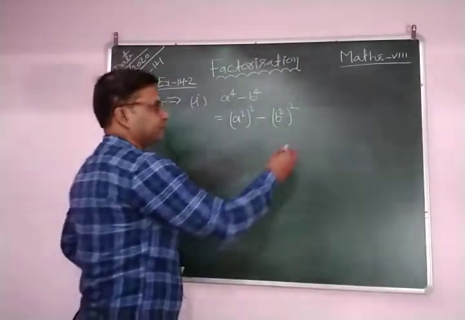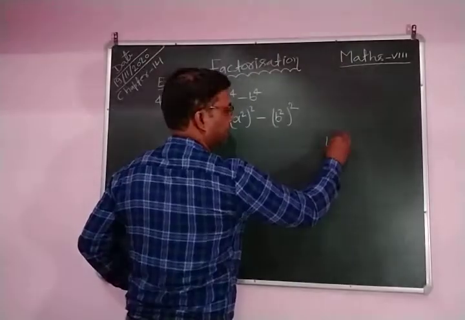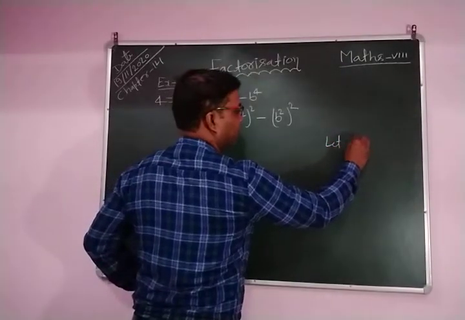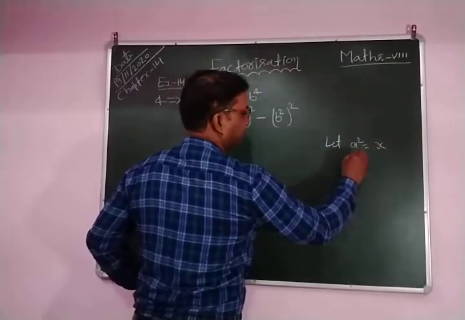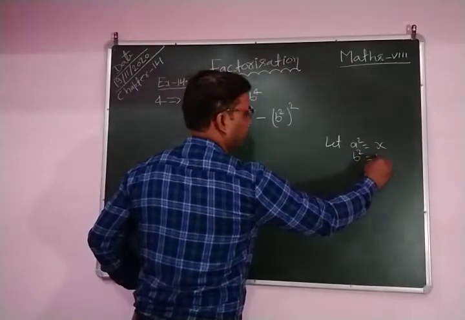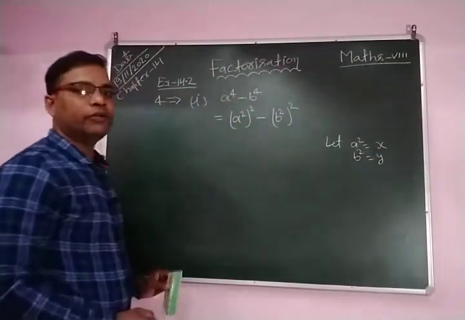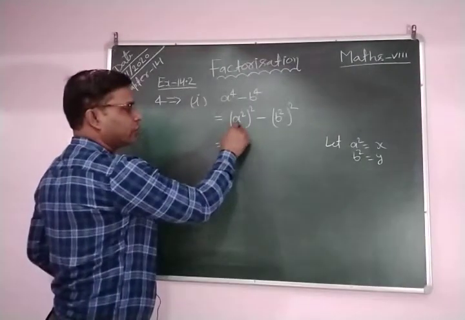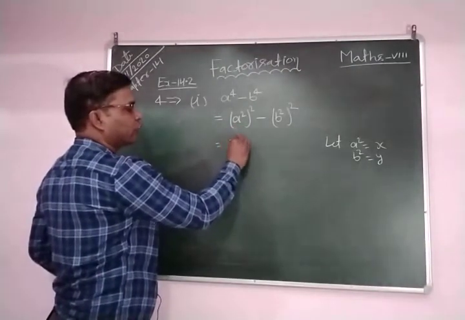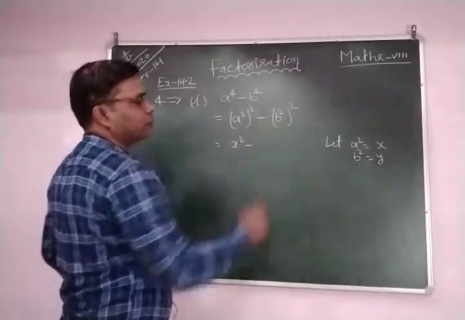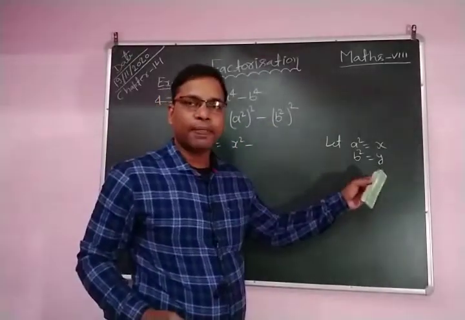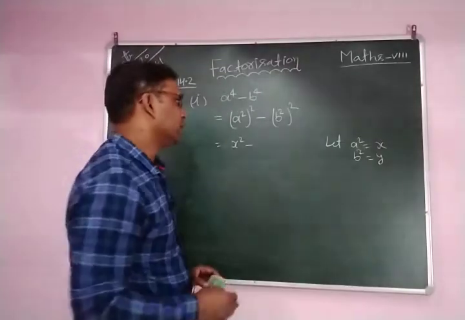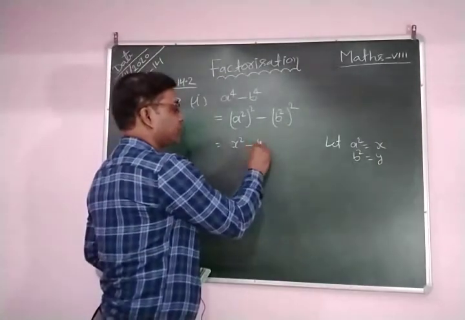So let a square be x and b square be y. Then a square whole power 2 is x square, and b square whole power 2 is y square.